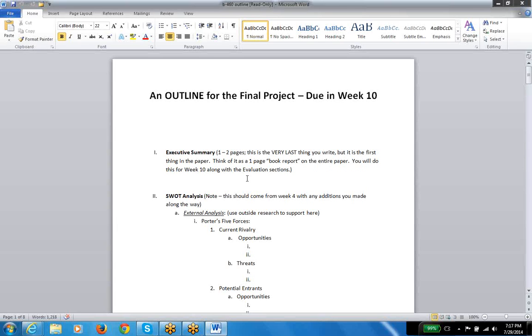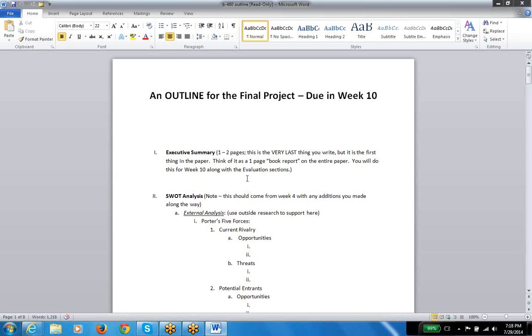All right. So before I go on to week 4 specifically, let me see if I can sum this all up. The whole concept of a strategic plan is basically, number 1, you do a SWOT that tells you where you're at today. That's week 4.